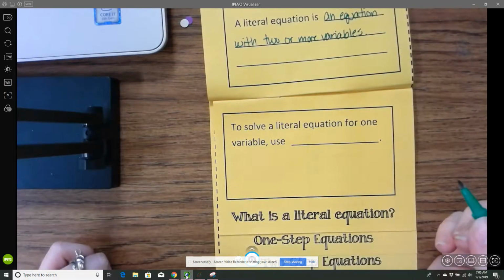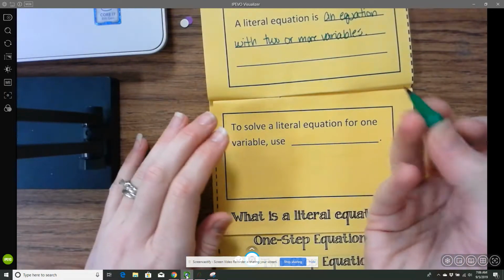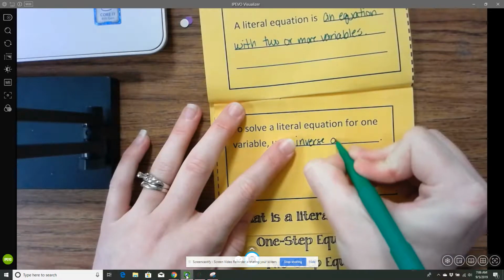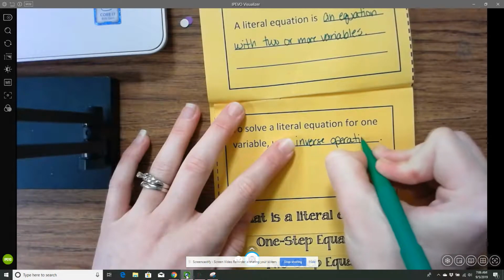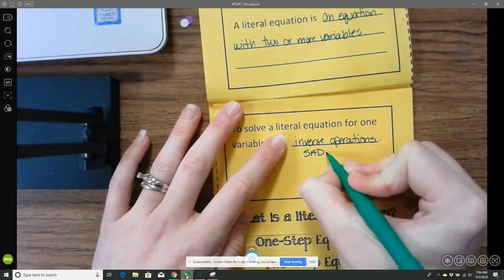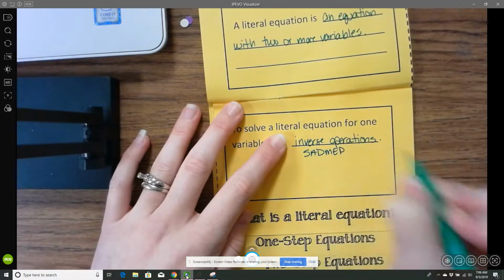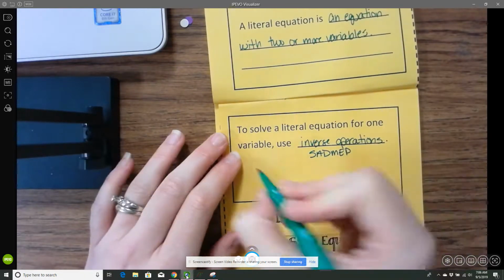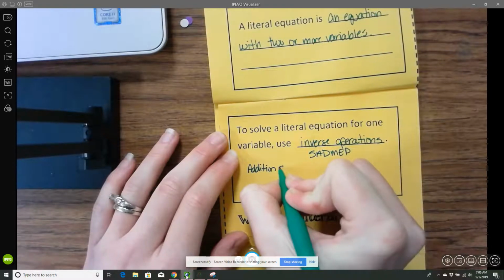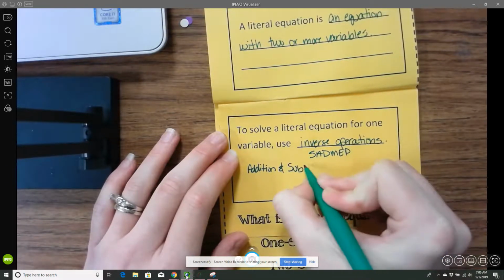To solve a literal equation for one variable, you can use inverse operations or SADMEP, which is PEMDAS backwards. So you're going to do addition and subtraction first.